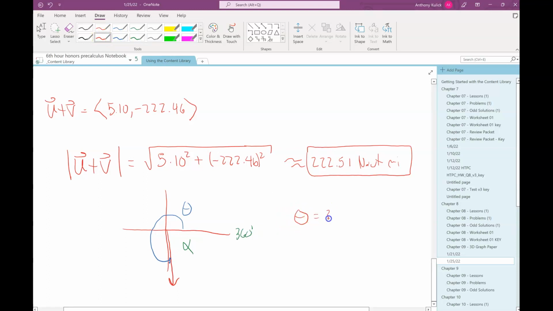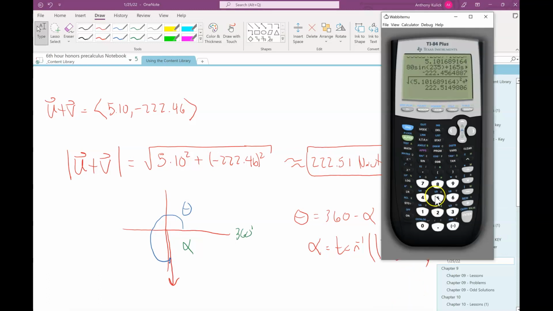So theta should be 360 minus alpha, where alpha is the tan inverse of the absolute value of negative 222.46 divided by 5.10. And I'm going to use the absolute value symbol, I guess, if I'm going to just be stealing these guys.